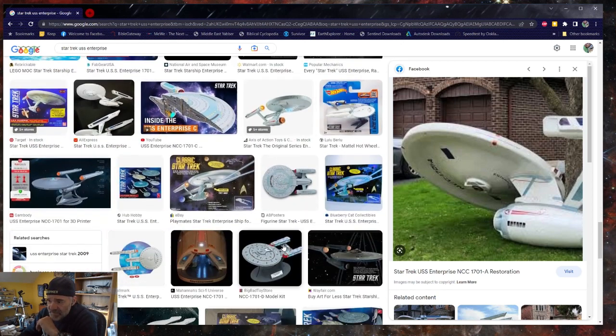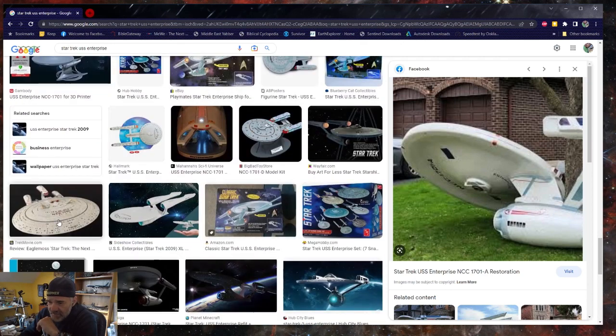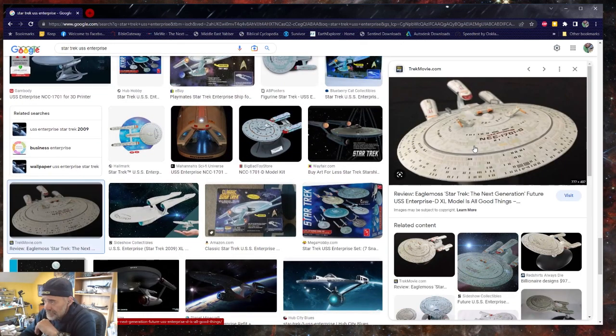But you'll notice that a lot of modelers will do this Aztec painting pattern to the ships. The base color is always white, but they'll put this Aztec painting, all these weird looking patterns of different grays, pinks, shiny greens, that kind of stuff.